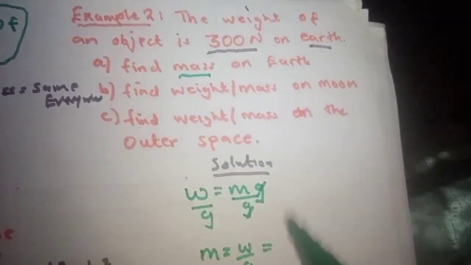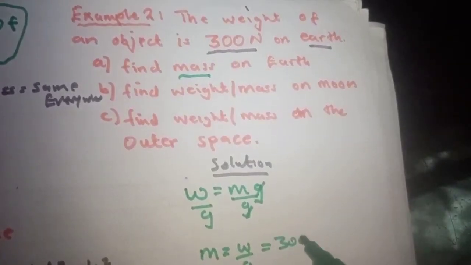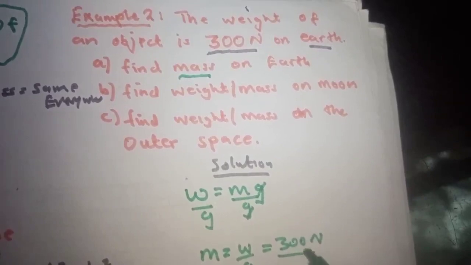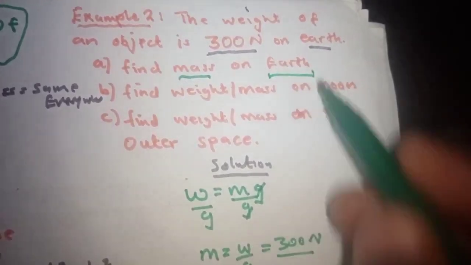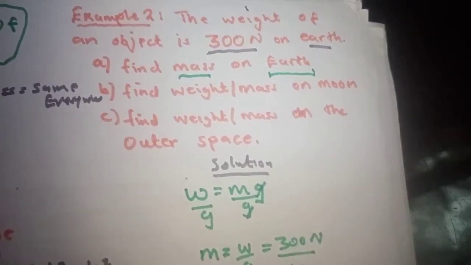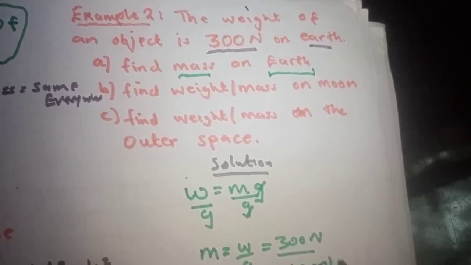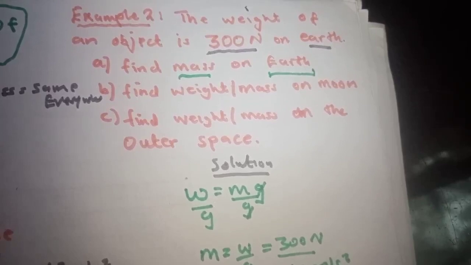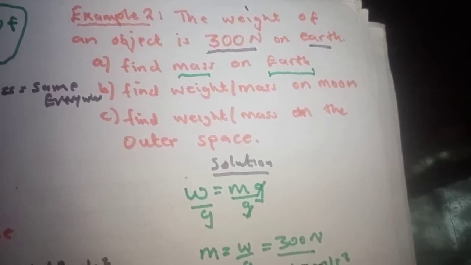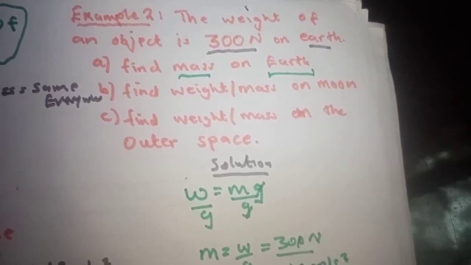The weight is 300 newtons over the gravity. We're finding it on Earth, where the gravity is simply 10 meters per second squared. So mass will be equal to 30 kilograms.